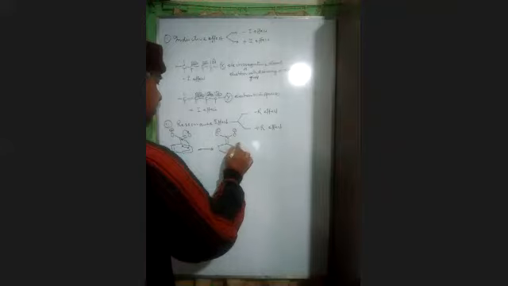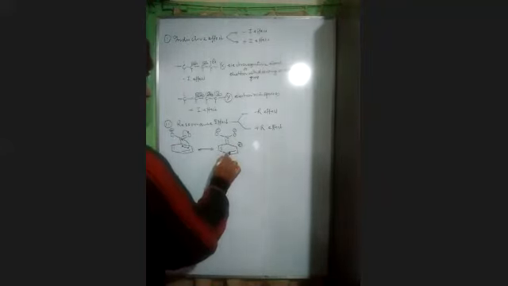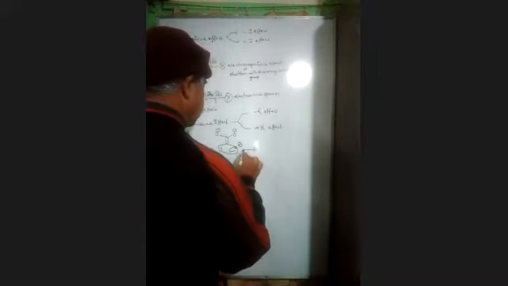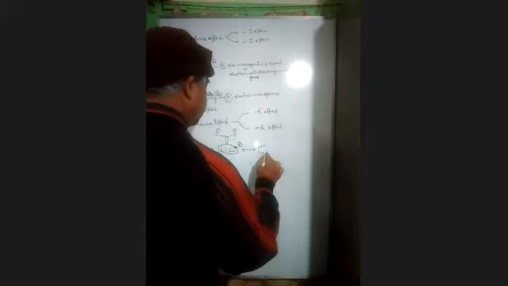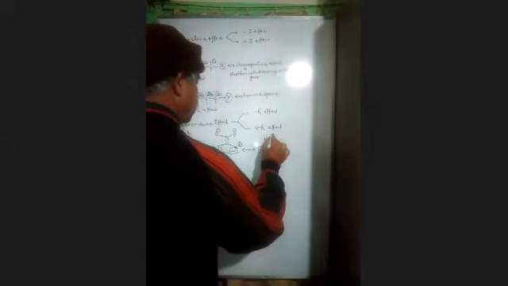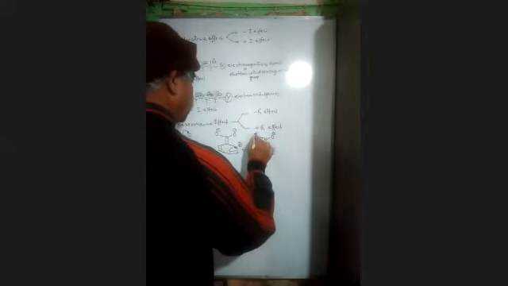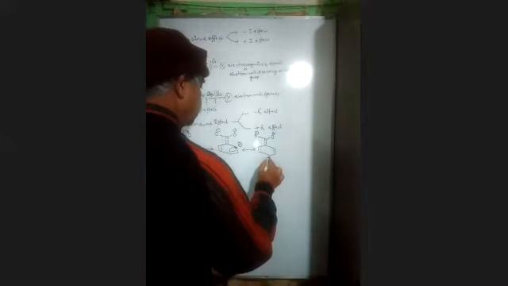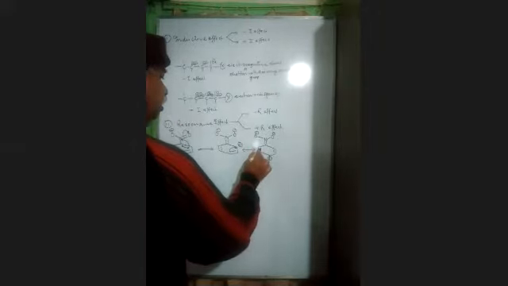What has happened now? In this case, this carbon becomes electron deficient. Now from here this electron goes. So this carbon will become electron deficient. Then this will come here.